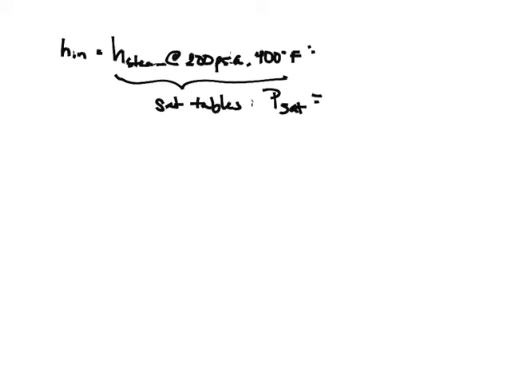And 400 degrees Fahrenheit. So when I go to my steam tables, what I find, recall as we talked about, first go to the saturated tables, and I find that Psat at 400 Fahrenheit is 247.3 psia.